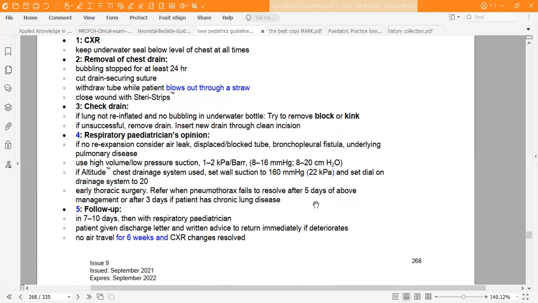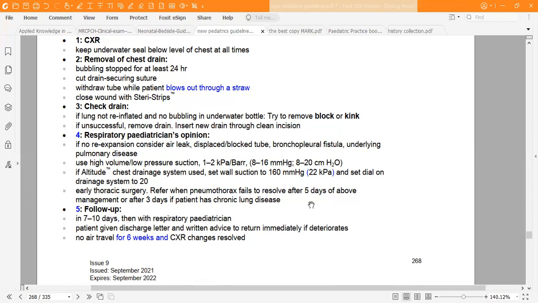About the follow-up, in 7 to 10 days with the respiratory pediatrician. So you will bring him for follow-up again in 7 to 10 days after discharge. The patient is given a discharge letter with written advice to return immediately if the condition deteriorates. So you have to make sure he or she has this written letter on discharge.